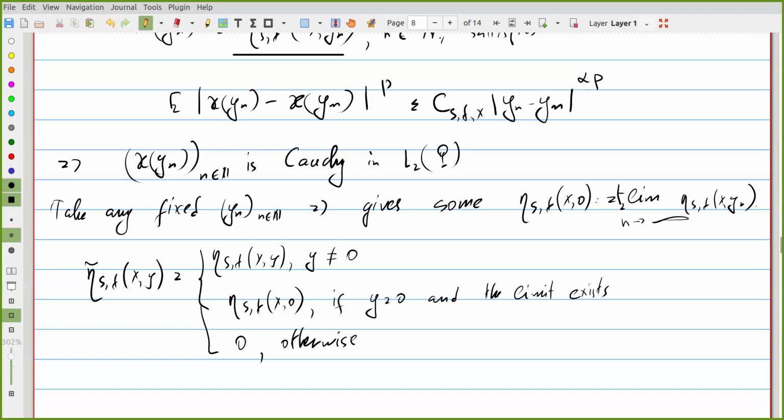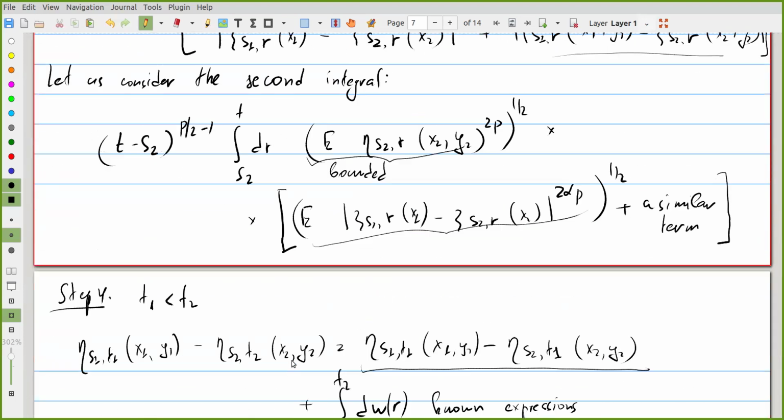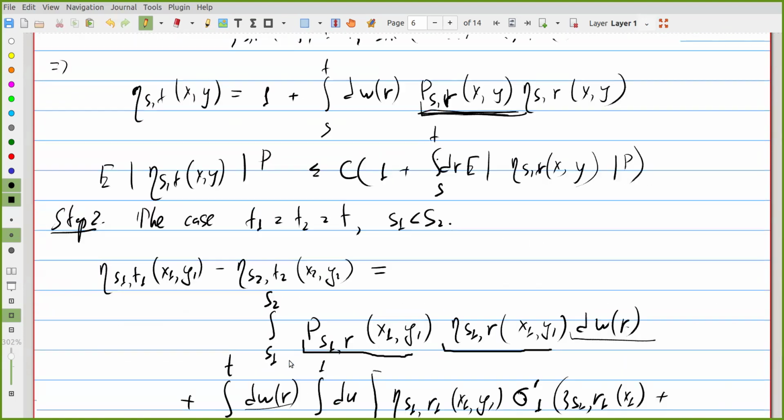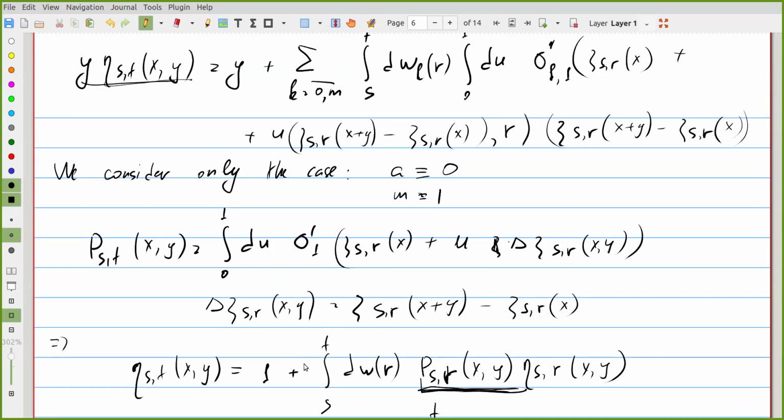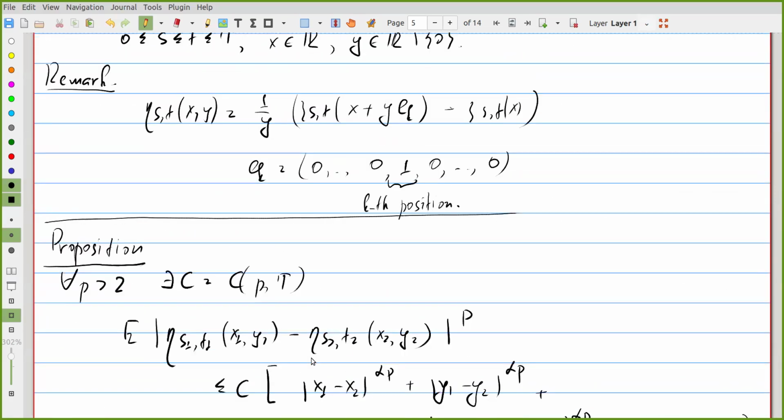This is our new process. And now we can use the Kolmogorov-Chentsov criterion to check that this new process is Holder continuous, including now y equal to zero.